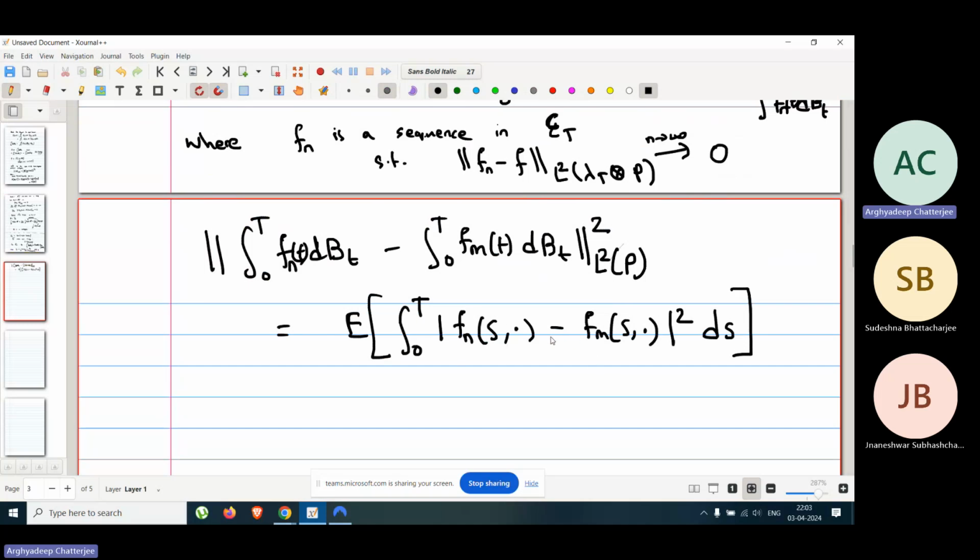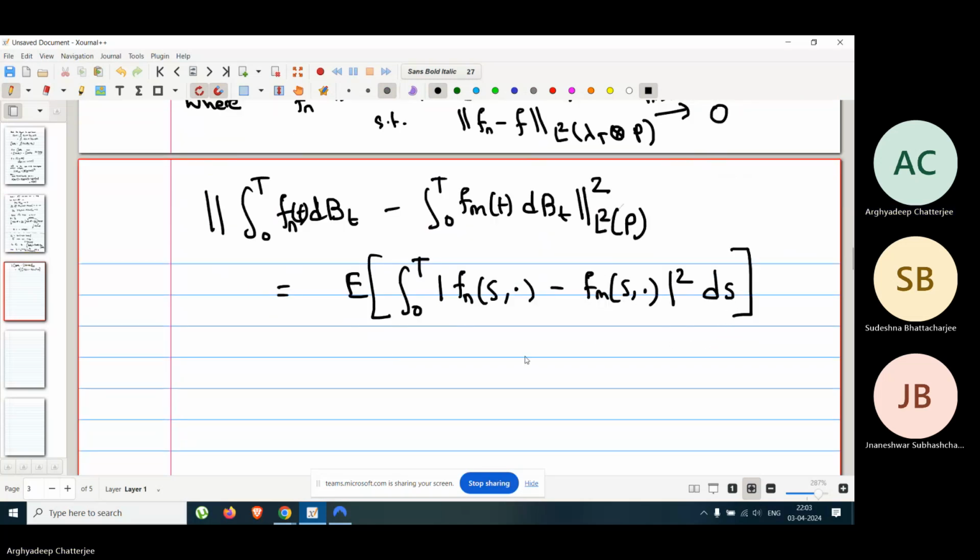This we proved last time, for general martingales, with the increasing process; but for Brownian motion the quadratic variation is just t, so we just have this integral of the square ds, or dt, whatever.